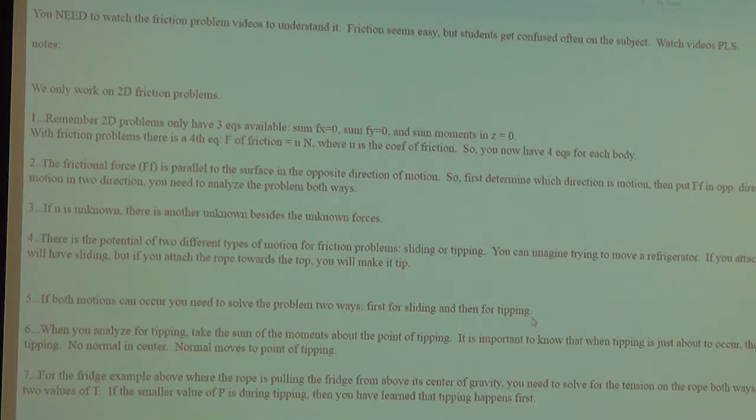So if we have a rope around a refrigerator, and we sum up all the forces and the moments, and we solve for a P, and P turns out to be 100 pounds, that means it's still in static equilibrium with P of 100 pounds, right? Because we used equilibrium equations. So that means if the load P is greater than 100 pounds, it's going to move, whether you're solving for tipping or for sliding. If it's under 100 pounds, what's going to happen? Nothing. It's going to stay still.